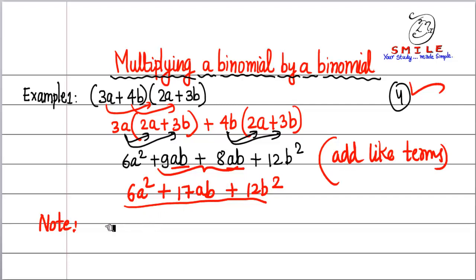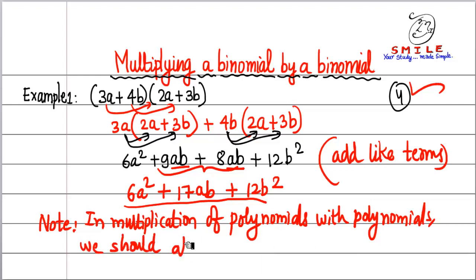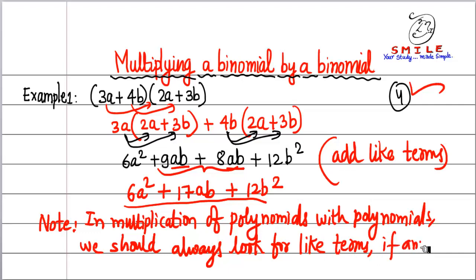So we will write down a note that in multiplication of polynomials, we should always look for like terms, if any, and combine them.